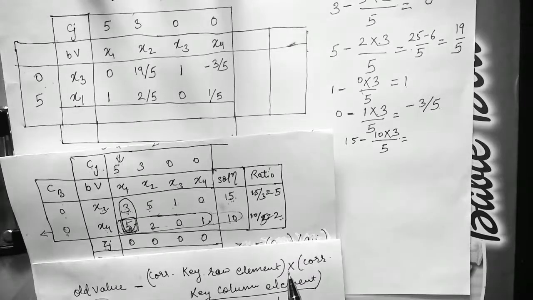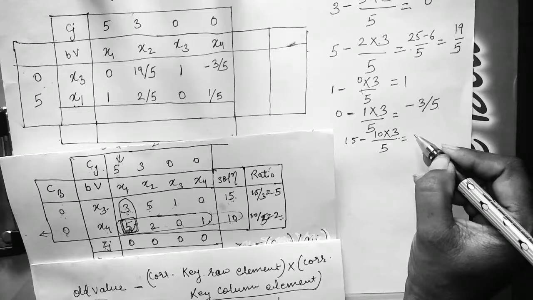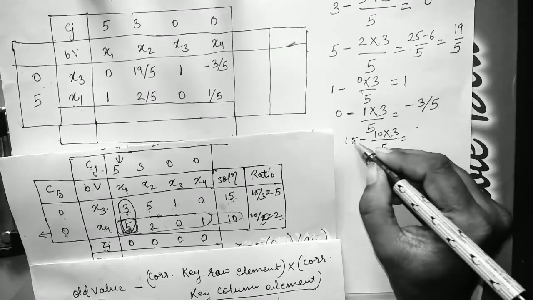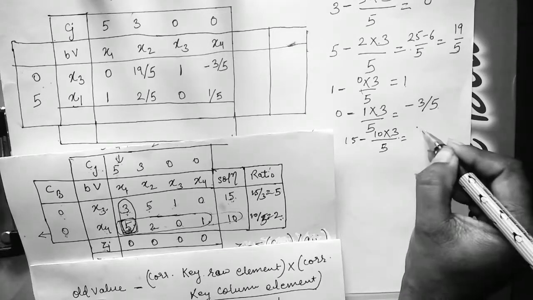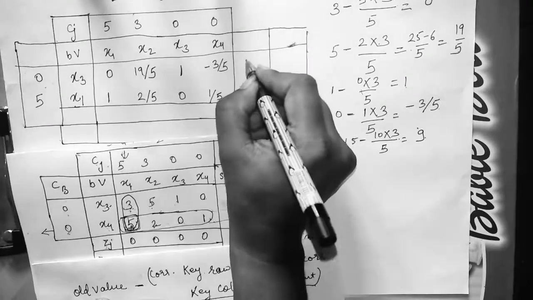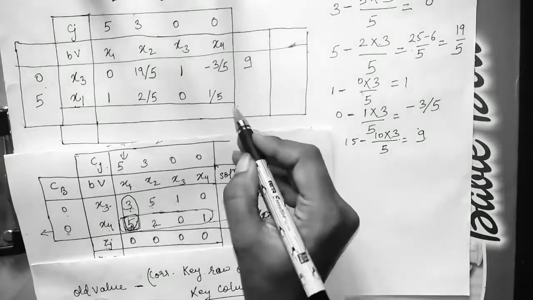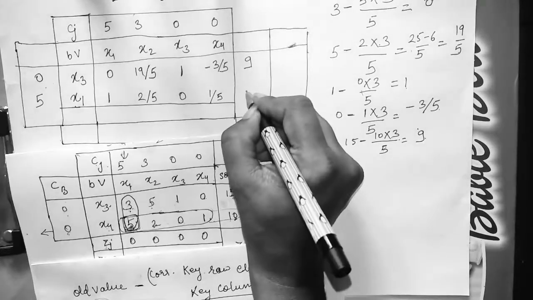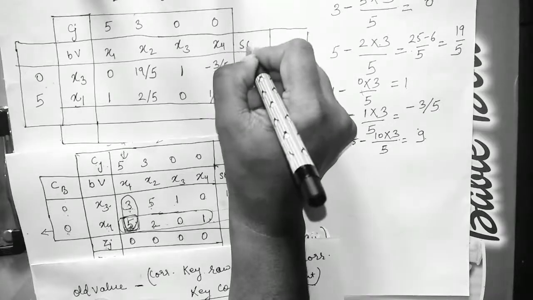So this will be 15 minus 6. This is 9. Okay, we can put 9. And this is 10 upon 5, that means 2. This is the solution.